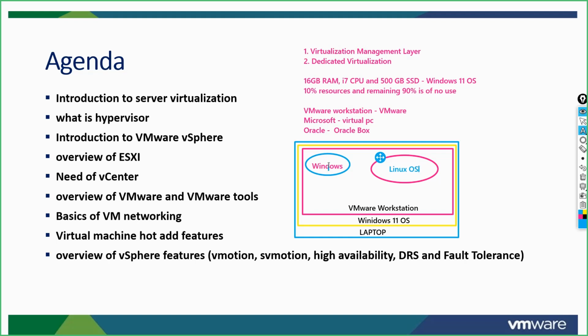From where will you allocate? Actually from the laptop, the physical hardware. Similarly, for the Linux operating system, you will allocate the resources, that is RAM, CPU, and hard disk, from the actual physical hardware of the laptop. So these virtual machines will be utilizing the resources from your physical hardware, that is your laptop. Is it clear?